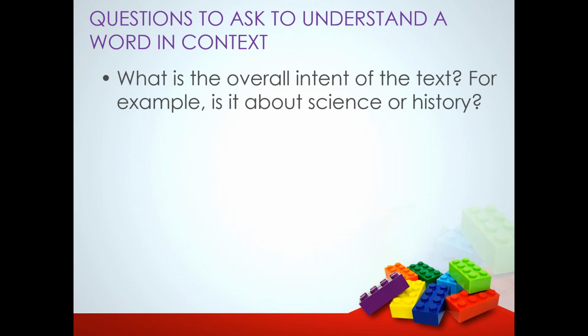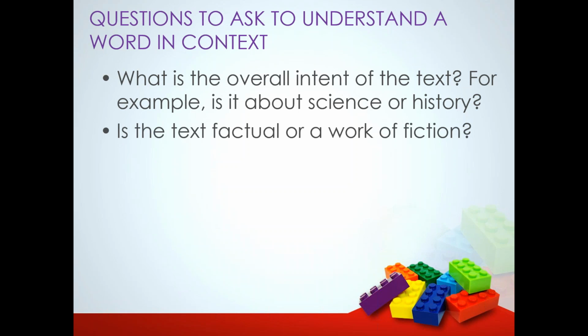So we've got to teach kids how to use the syntax of the sentence to understand that a definition is coming. The authors who write books and textbooks want the students to actually understand it. They're not trying to make it more complicated than it has to be. And so they give them lots of clues. And sometimes those clues come in the form of punctuation marks to let them know that here's the definition.